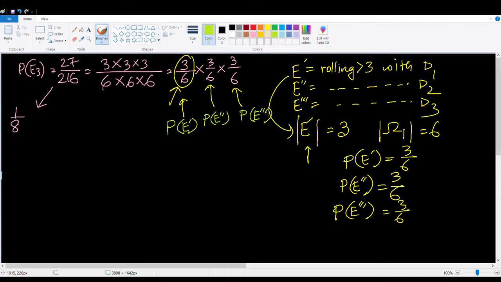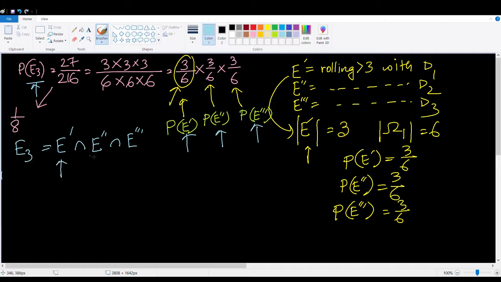My next question to you is, is there any relation among E3 and these newly defined events? Yeah, there is. If the first die shows a number greater than 3, and the second die also shows a number greater than 3, and the third die also shows a number greater than 3, then this event will represent E3, because E3 is getting a number greater than 3 from each of the dice.